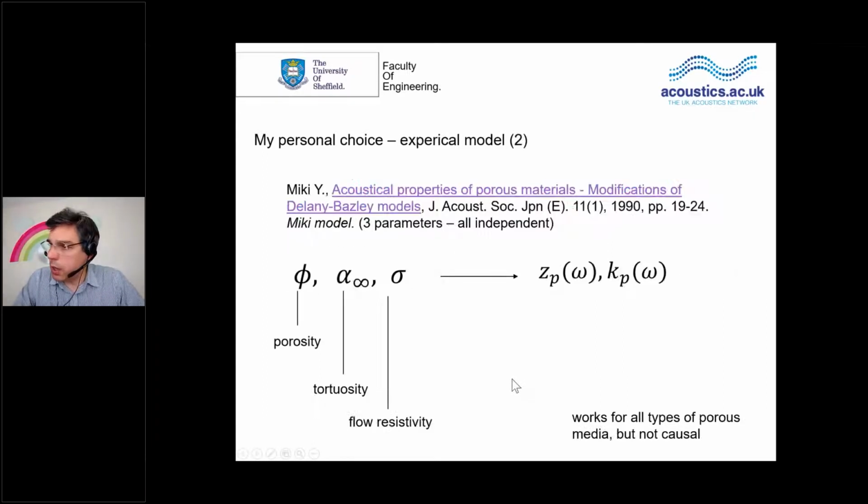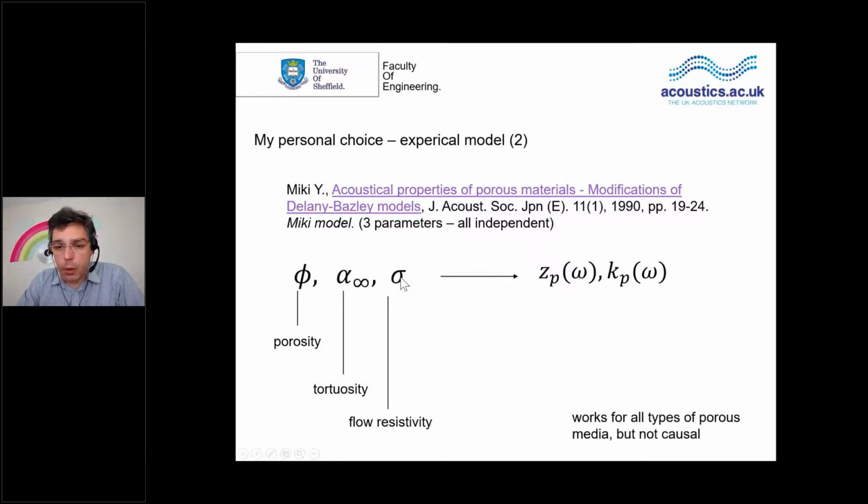My second choice is a very simple model which was developed in 1990 by Miki, and that's an improvement to the model by Delany and Bazley. This model requires 2 directly measurable parameters, which are porosity and flow resistivity.